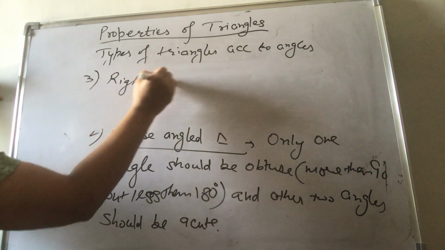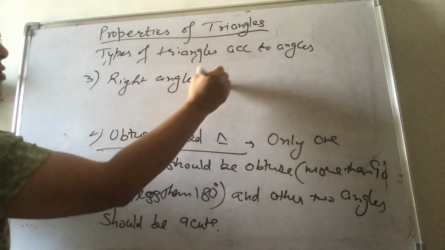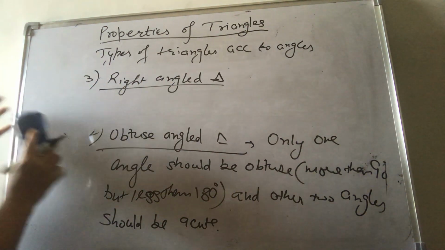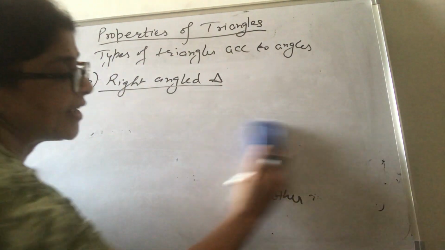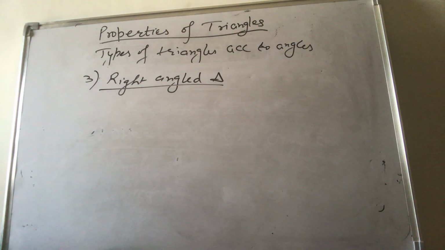The third type is right angled triangle. As the name itself shows, right angle. Right angle means 90 degree angle.